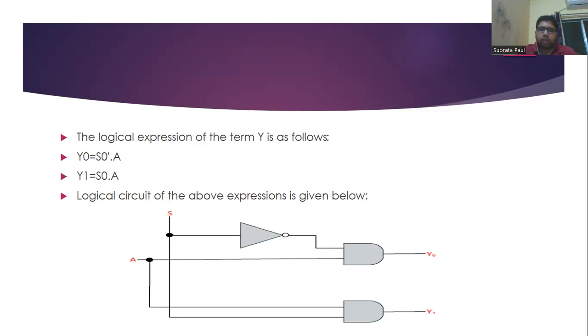Now, since we have a complement of S0, we need a NOT gate for its construction in the logic circuit. So you see here the first part, S0 bar.